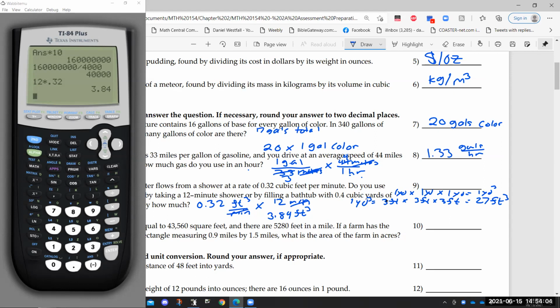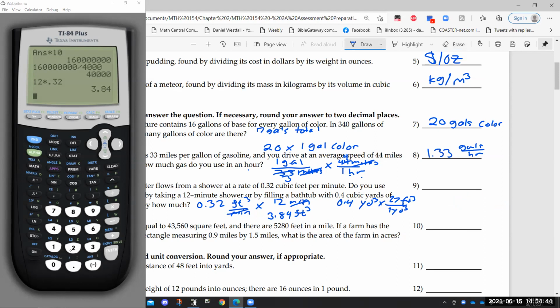So 3 times 3 times 3 is 27, and feet times feet times feet is cubic feet. So I'm going to use that conversion factor here to say that we want to take 4/10 of a cubic yard times 27 cubic feet over 1 cubic yard.